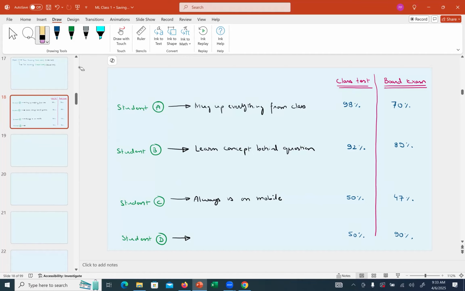Okay, so the fourth scenario is not possible. Only the first three scenarios are possible when we are building the machine learning model. And which is the best case scenario according to you? B is the best case scenario, right?